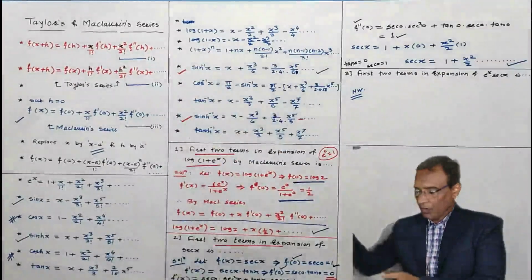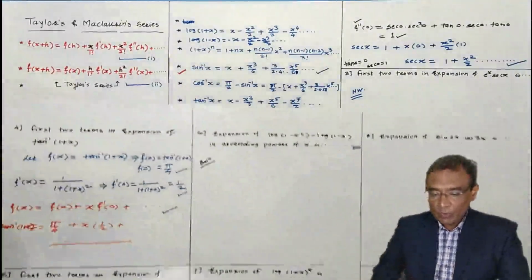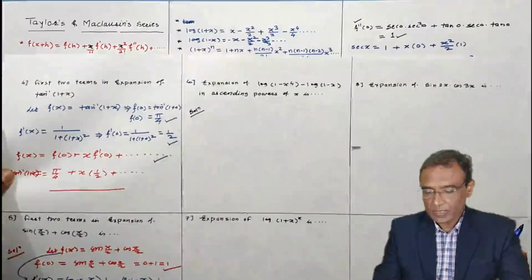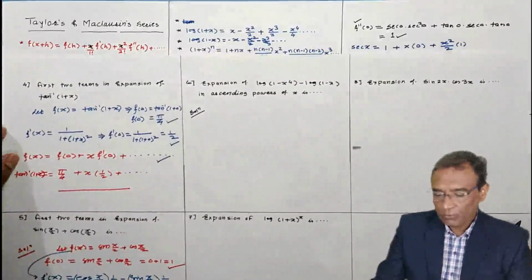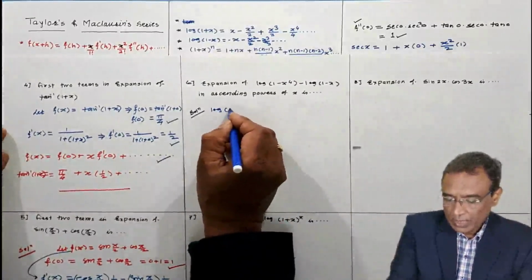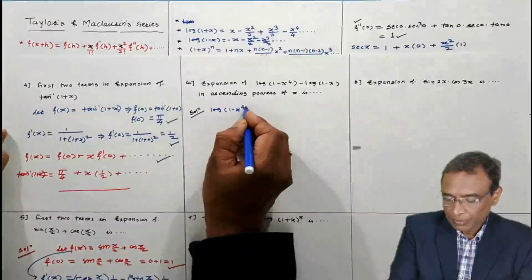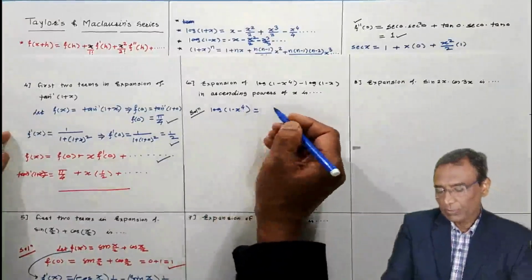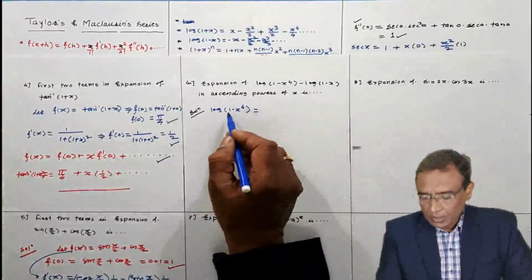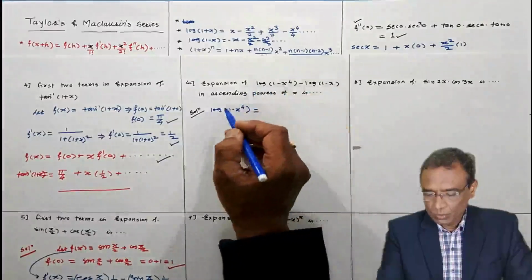Now the expansion of log of 1 minus x to the power 4, I am going to use here. The first two terms I will be writing, or you can write 3 terms also.